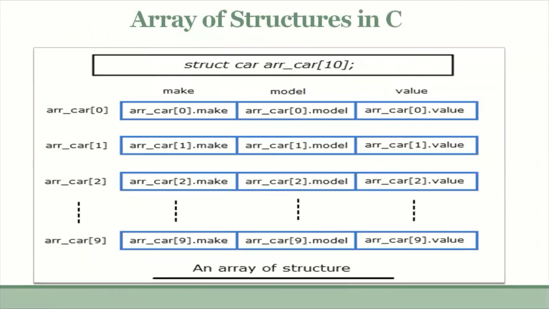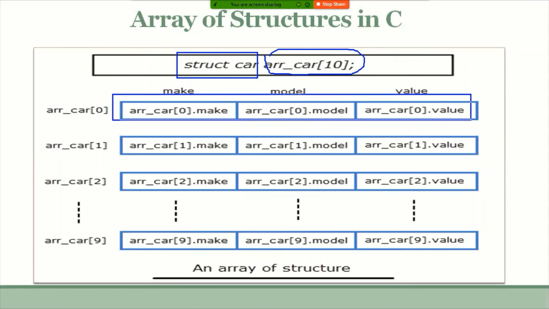You see, in this struct car array car of 10, by seeing this, the compiler allocates 10 memory locations. In the first memory location, that is the 0th location, the first car's details are stored. That is car of 0, meaning first car make, first car model, first car value. Like the second, third, and so on.